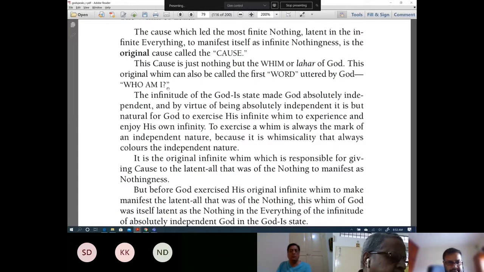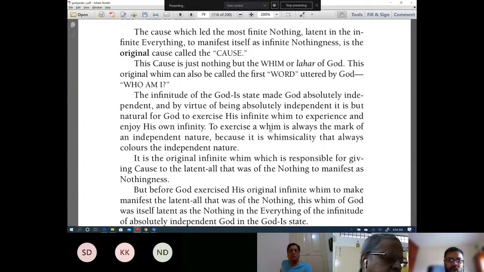Who am I? The infinitude of God's state made God absolutely independent. And by virtue of being absolutely independent, it is but natural for God to exercise his infinite whim to experience and enjoy his own infinity.